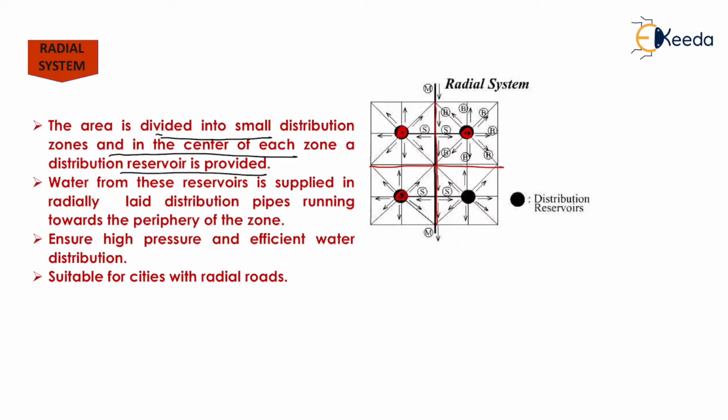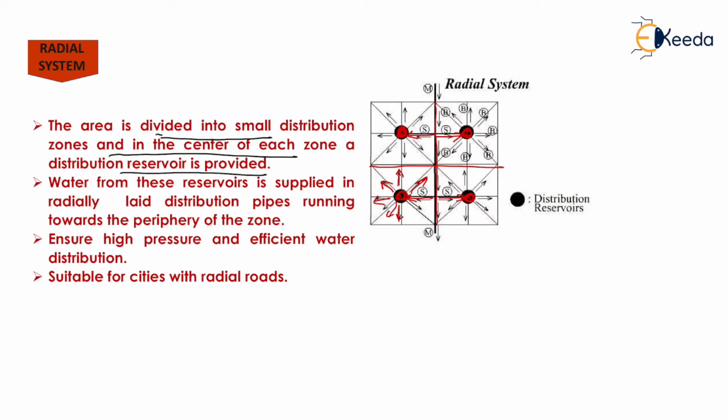Now we supply the water to each storage reservoir with the help of some main like this, and from this storage reservoir we can send the water to various households in a radial manner. Okay, that will be the radial system of water supply. Clear?